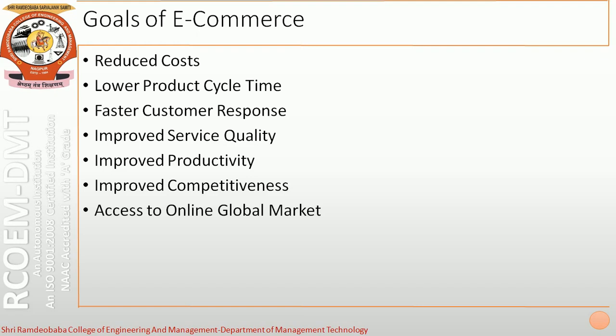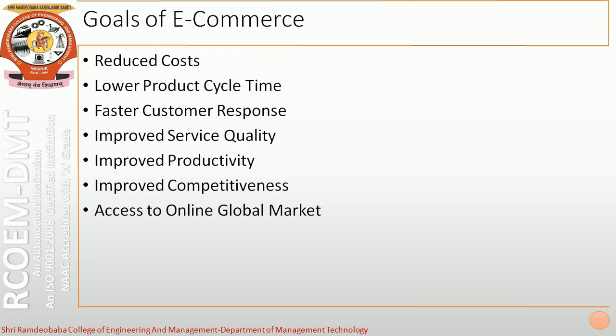Then faster customer response, availability of 24/7 services that can be availed by the customer. And whenever the customer has to inquire about something, there's no limit of space and time, and the responses can be quick.